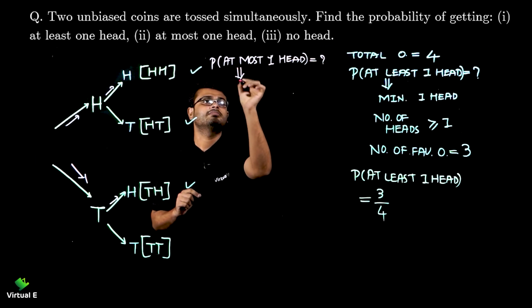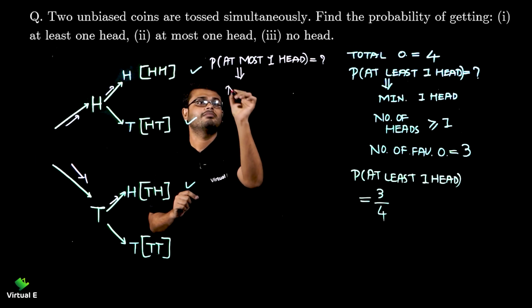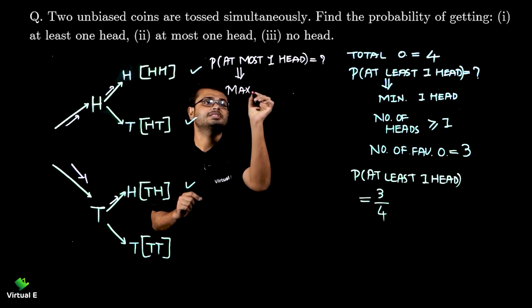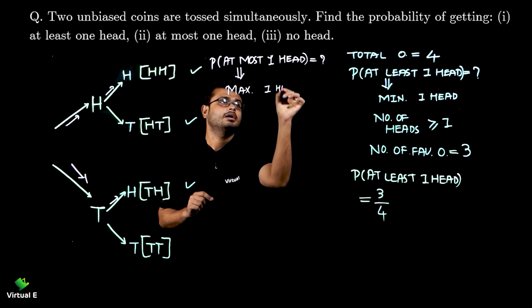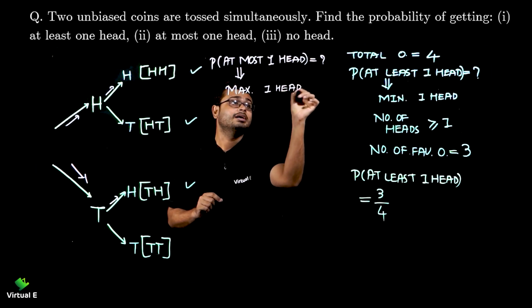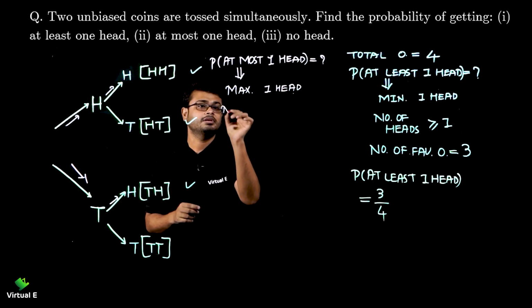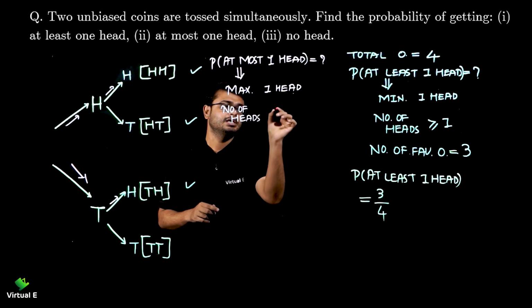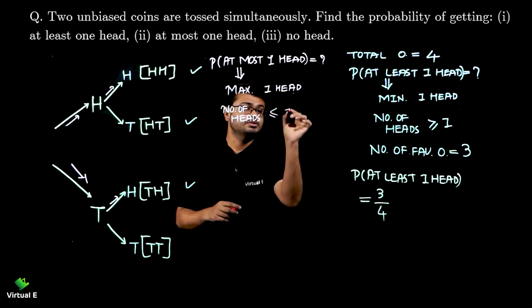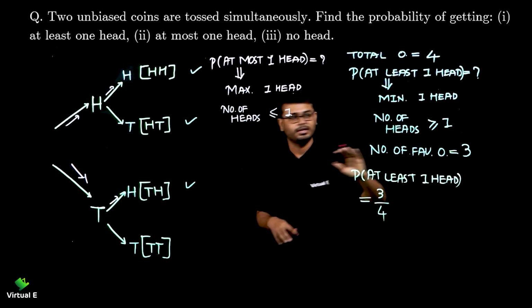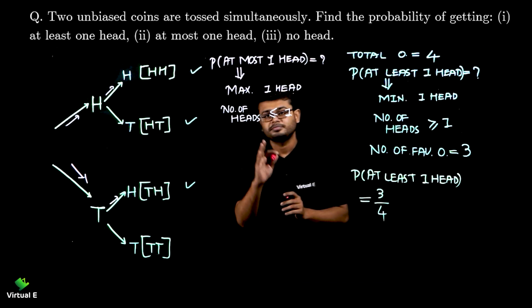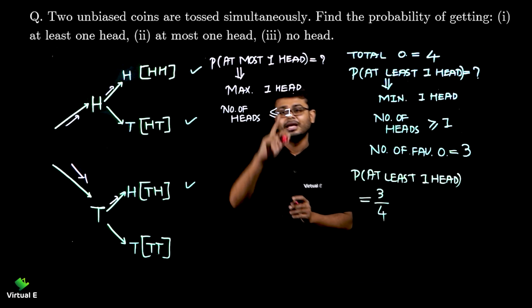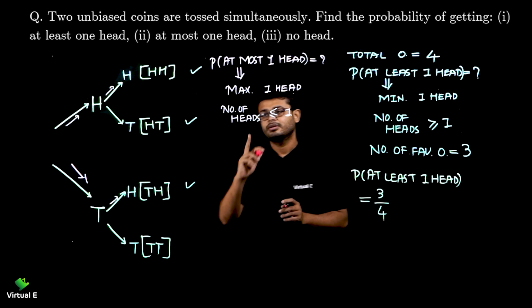At most means the opposite of this one: maximum one head. It means that we should have the number of heads less than or equal to 1. It is the reverse, right? We need to reverse it. So 1 is accepted and less than 1 is accepted, right?